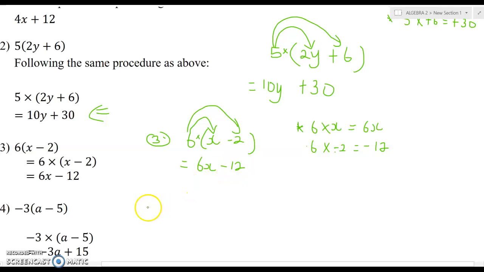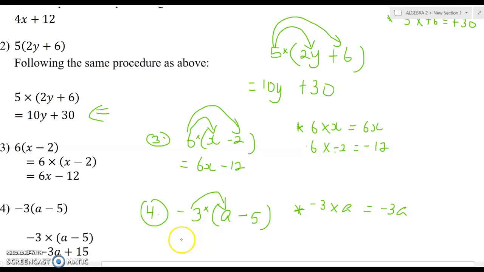Good. And then number 4, we have minus 3 open brackets a, take away 5. Again, put in the invisible multiplication sign. You don't have to put it in, but if you need to see it, put it in. So now, negative 3 by a will give me negative 3a. You can put that in there.